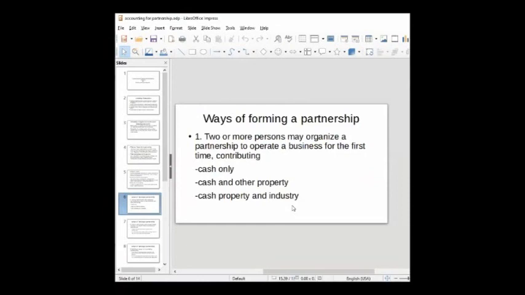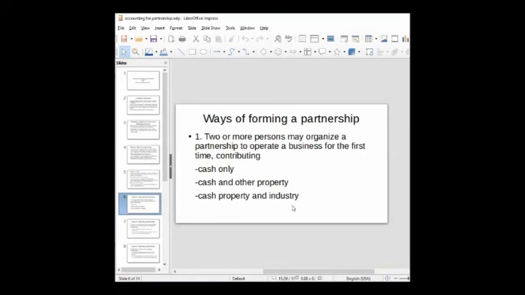For cash, you debit the cash and credit the capital account of each partner. And if it is cash and other property like furniture and fixture, you debit cash and the furniture and fixture, and then you credit the name of the partner who contributed them.